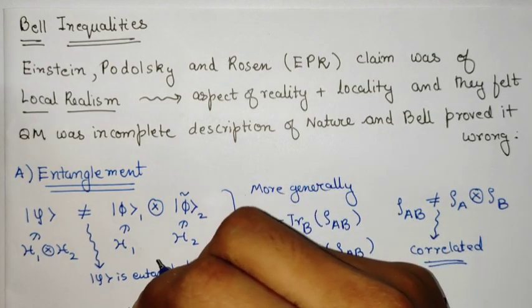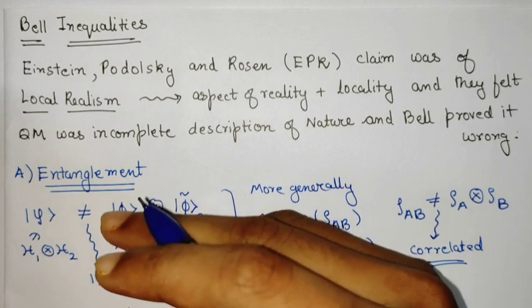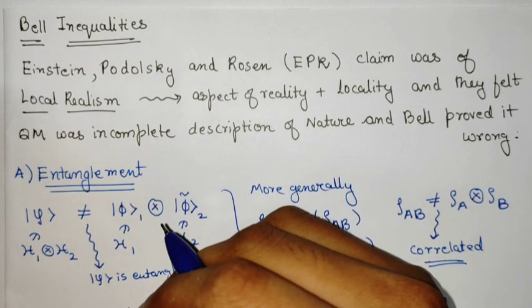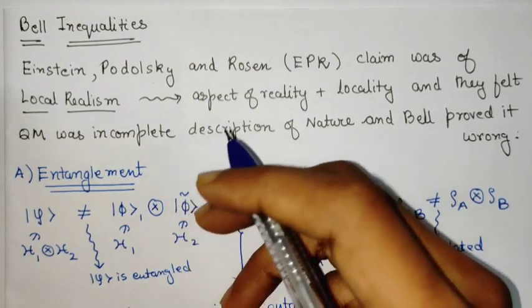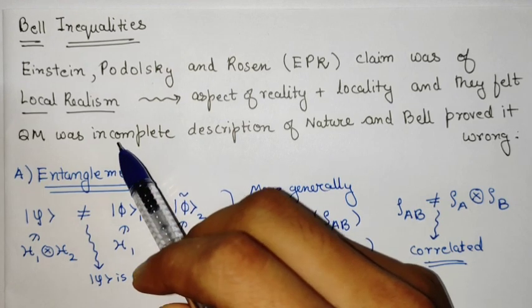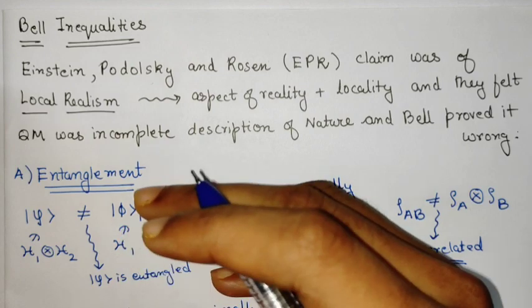So let's see. The Bell inequalities have their root in the argument of Einstein, Podolsky, and Rosen, the EPR paradox. These three believed that quantum mechanics was incomplete.